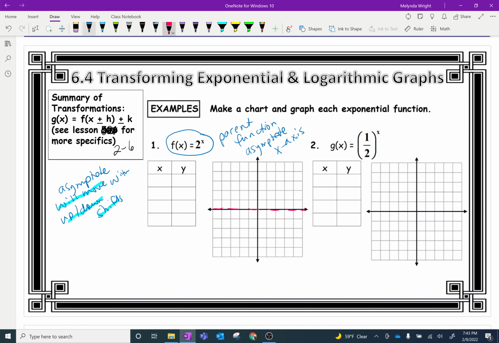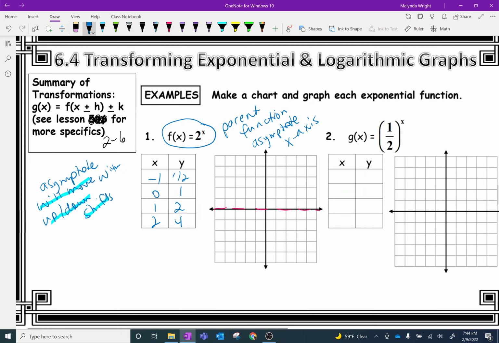And let's go ahead and plot some points. I like to do -1, 0, 1, 2. So 2 to the -1 is 1/2. 2 to the 0 is 1. 2 to the first is 2, and 2 squared is 4. All right, let's plot those points.